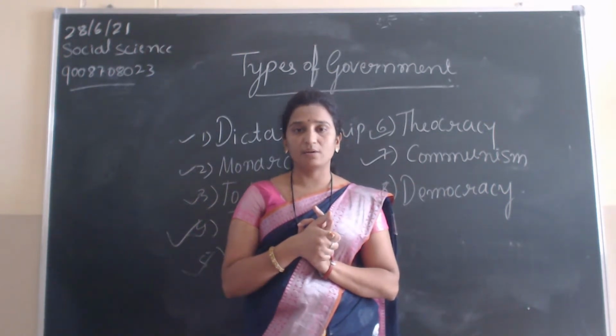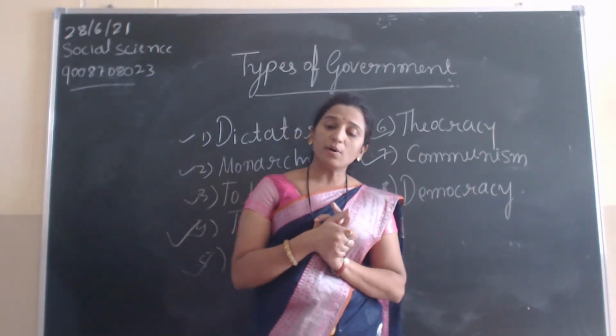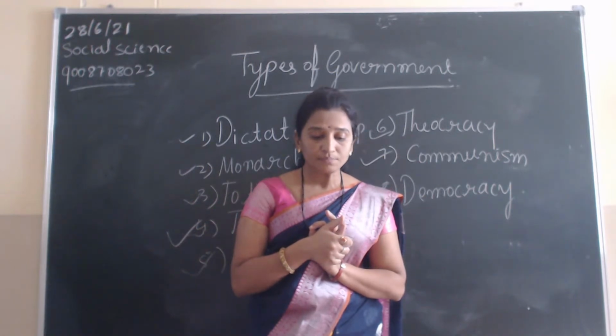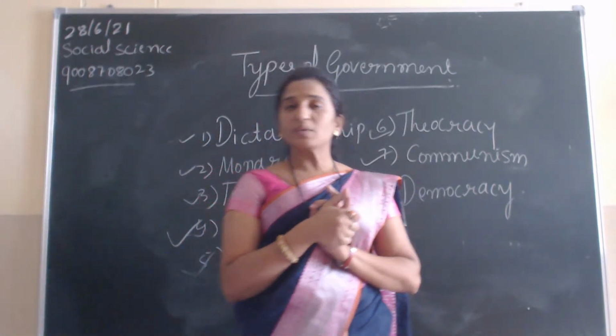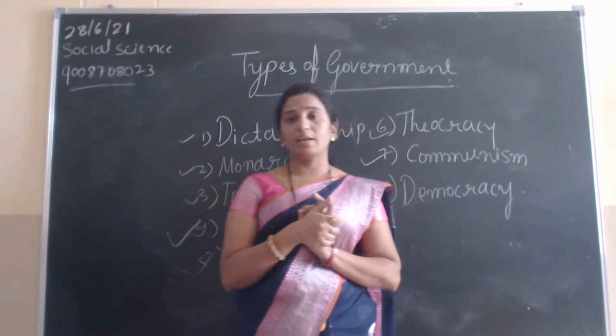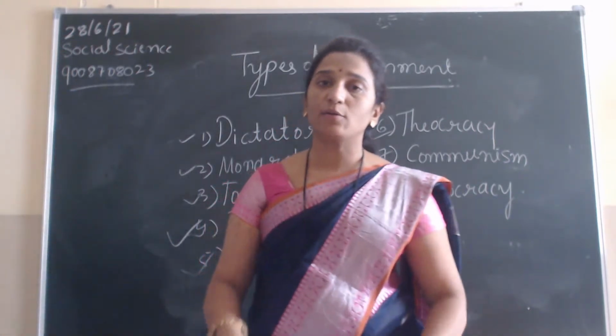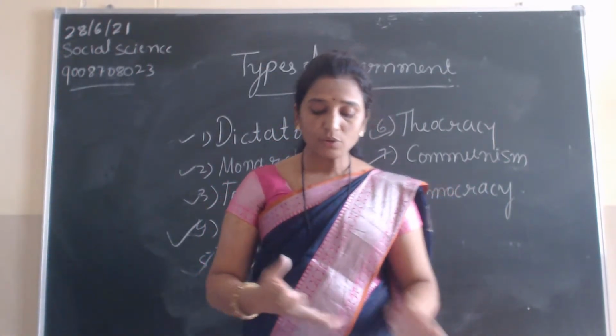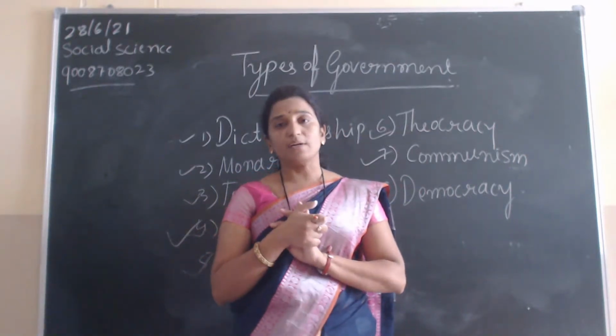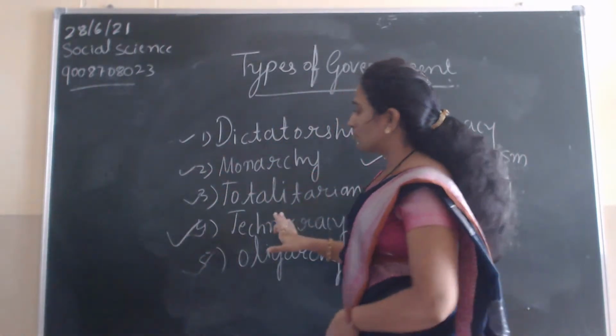Franchise will be there in that. Also in democracy there are types of democratic government. I told you about direct and indirect governments, and we will also learn the significance of government. These are the types of government.